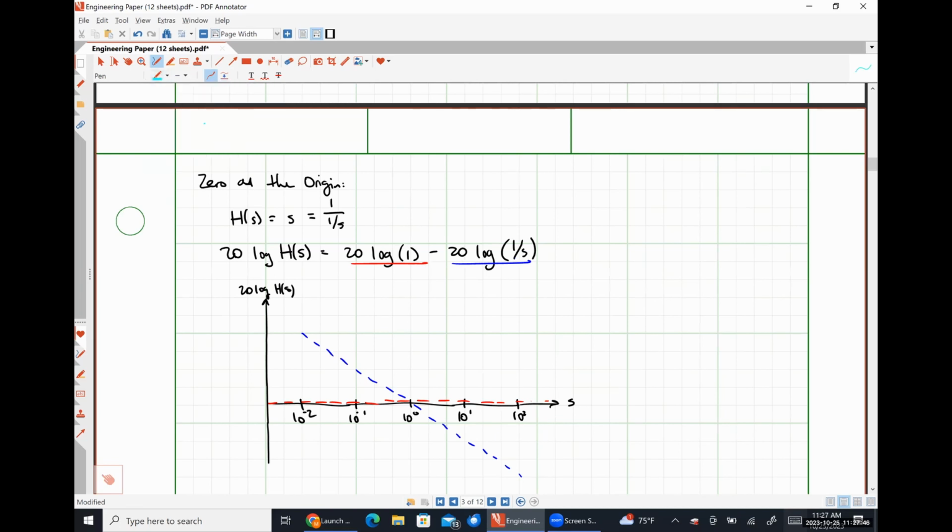Negative means that I'm just going to wind up flipping this line about the horizontal axis. So this line in blue is what I get when I take the red line minus the blue line.